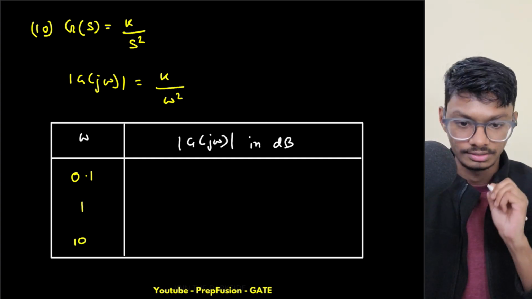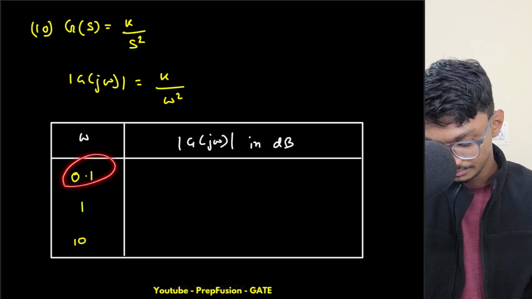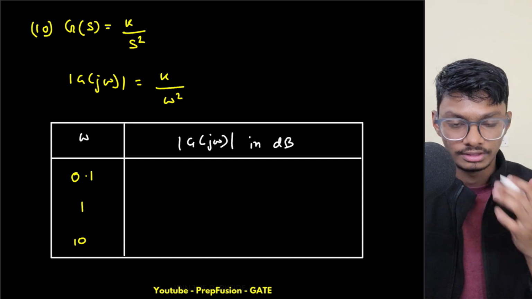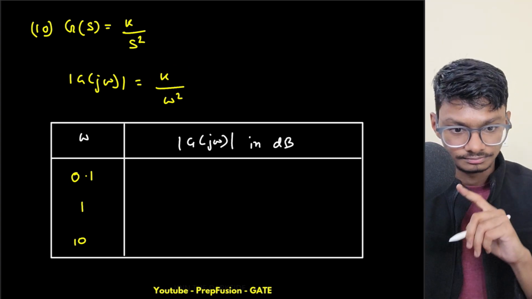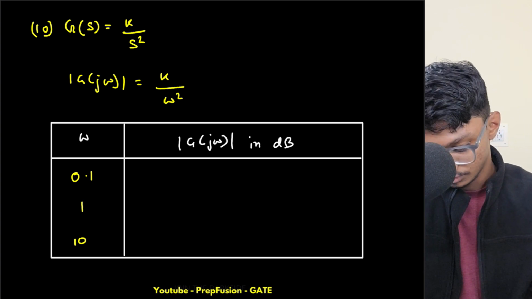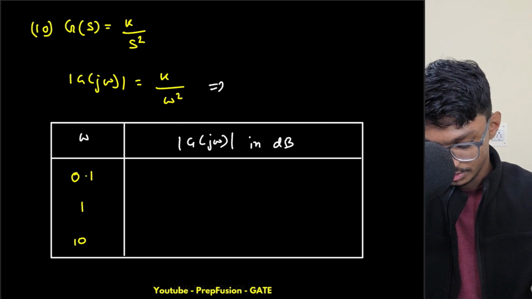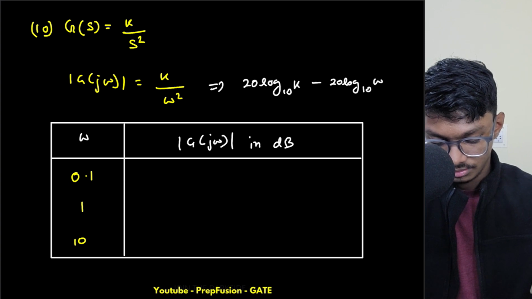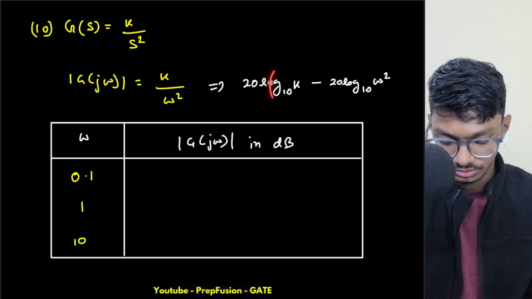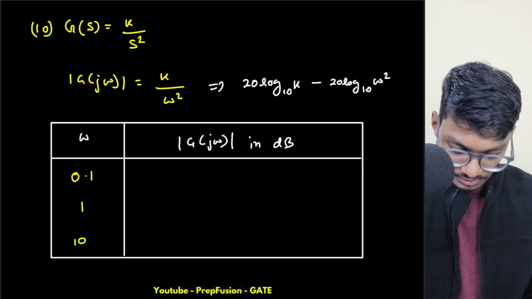These are all in radians per second. So for 0.1, if I want to find the magnitude in dBs, simply do 20 log. So here the magnitude in dBs will be 20 log base 10 k minus 20 log base 10 omega square. So this is the magnitude. Now what does this become?